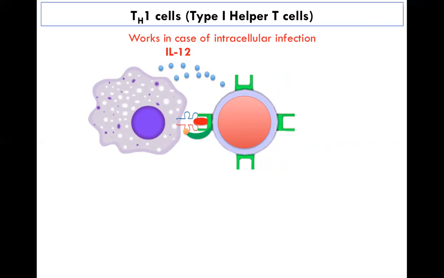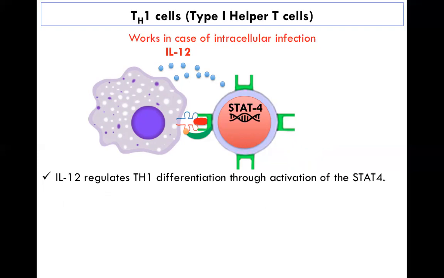We have intracellular infections, so then what happens? The macrophage presents the peptide of intracellular pathogens, and then starts secreting IL-12, interleukin 12. Once the antigen is recognized by the T cells, the T cells get activated, and then the activated T cells regulate the TH1 differentiation.